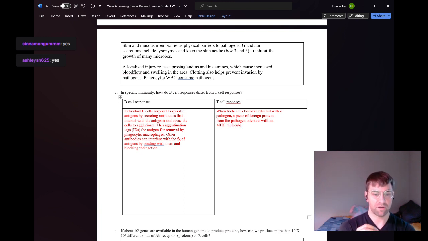Cell infection can occur by phagocytosis or by endocytosis, and the MHC complex that is involved is different between those two processes.